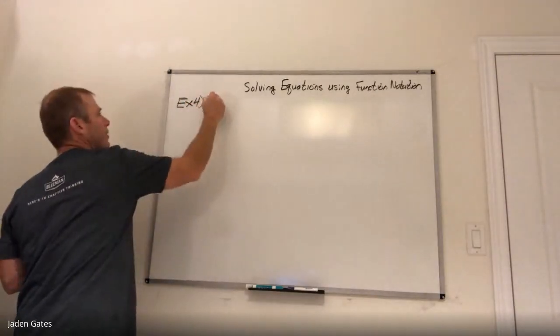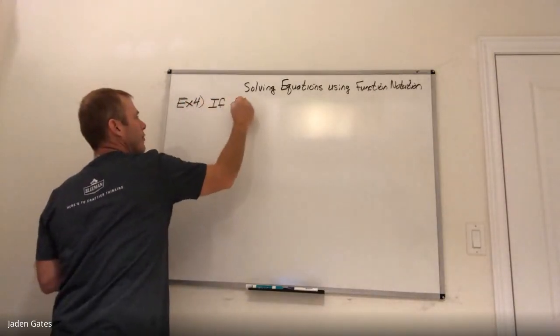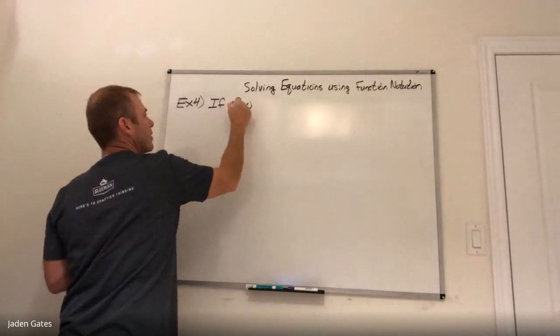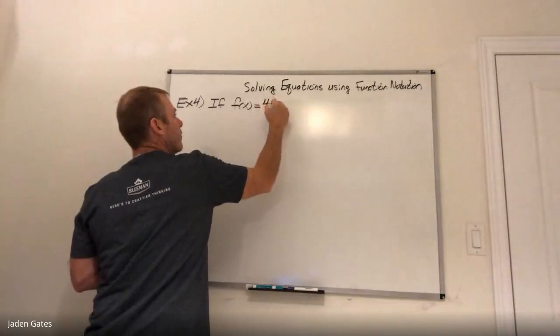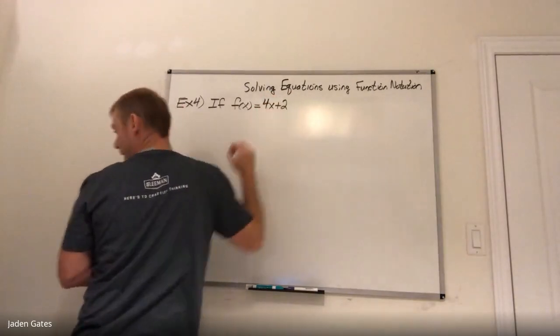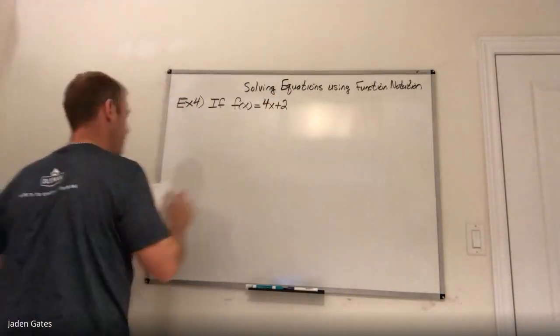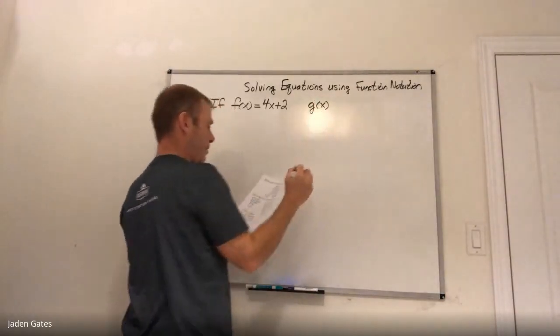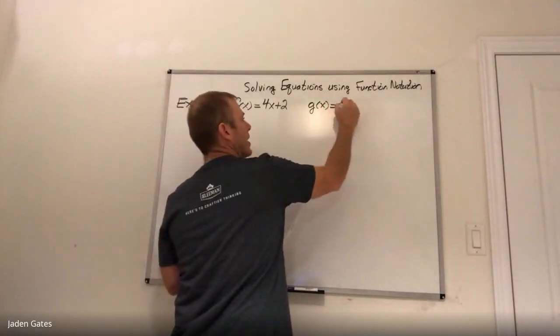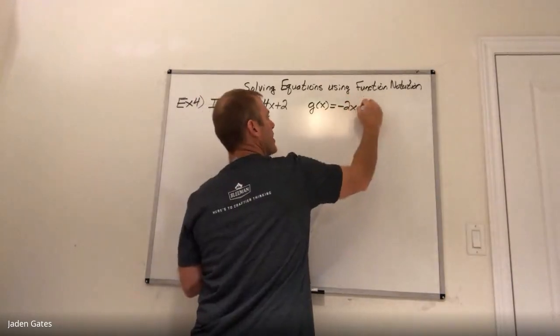There are two functions involved here. I have f of x equals 4x plus 2, and the other function here is g of x equals negative 2x plus 14.